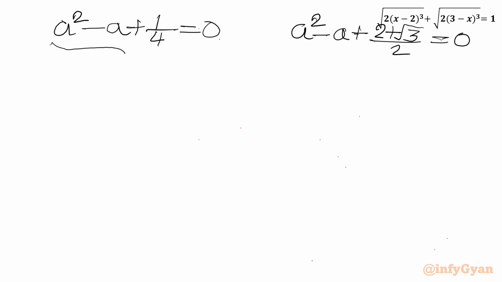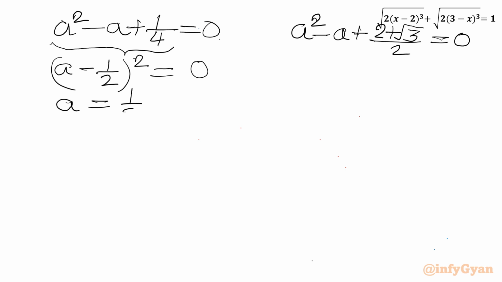We can say this LHS is a perfect square: (A − 1/2)² = 0. So from here A is equal to half and A is equal to half.